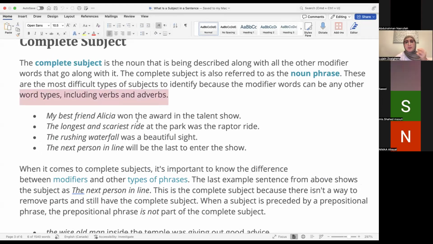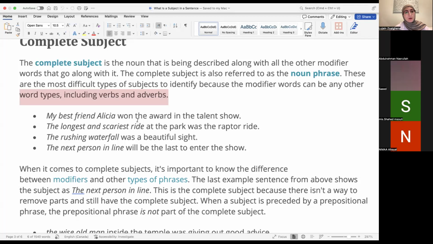Why is "in line" part of the subject? Because it's part of the complete subject. Yes, because it can be described along with all the other modifier words that go along with it.